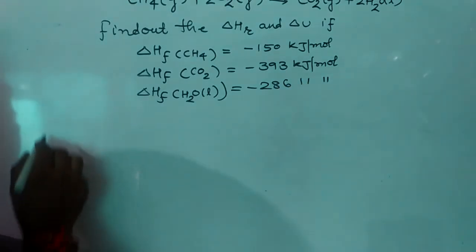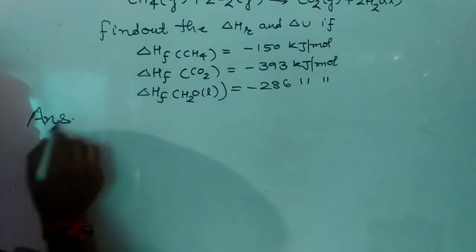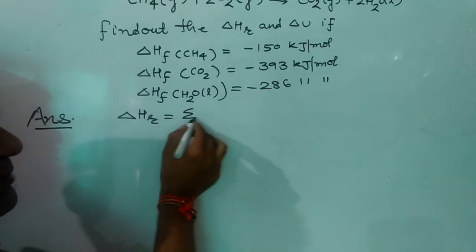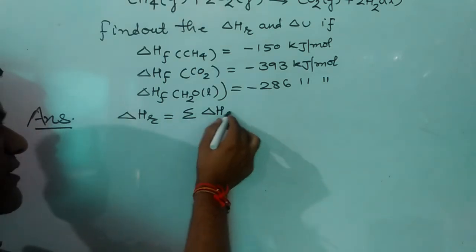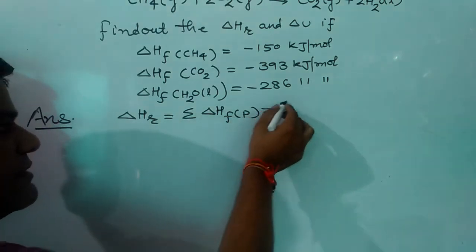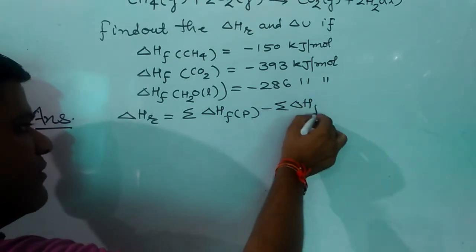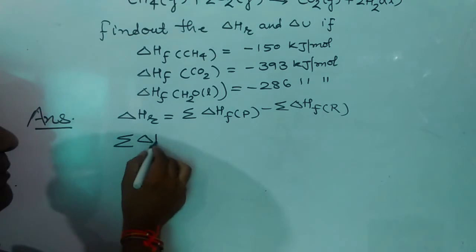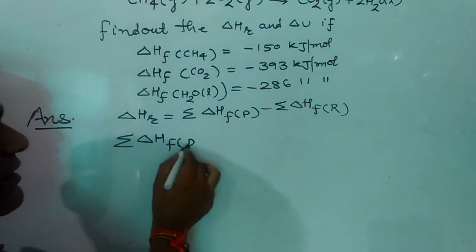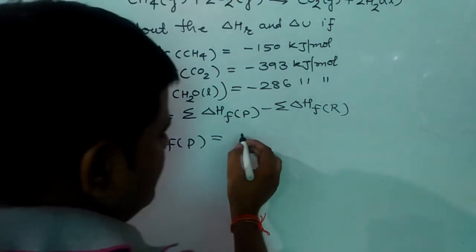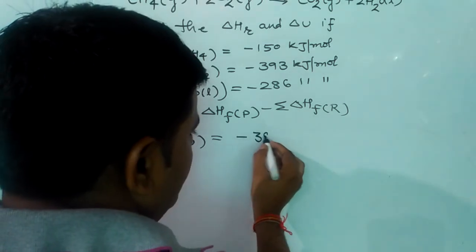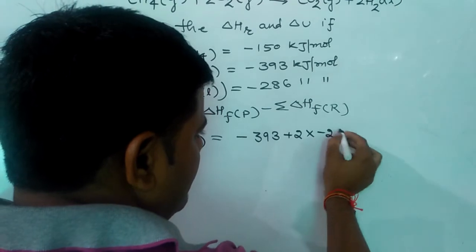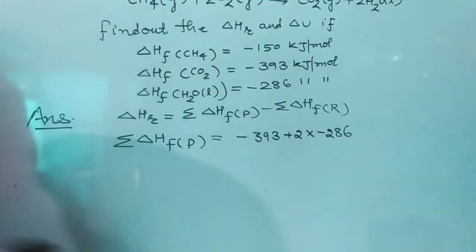So first of all, we have to find out the enthalpy of reaction, and that will be delta HR equal to the summation of enthalpy of formation of products minus the summation of enthalpy of formation of reactants. So the summation of enthalpy of formation of products will be, for 1 mole of carbon dioxide, minus 393, plus 2 moles of water, 2 into minus 286.